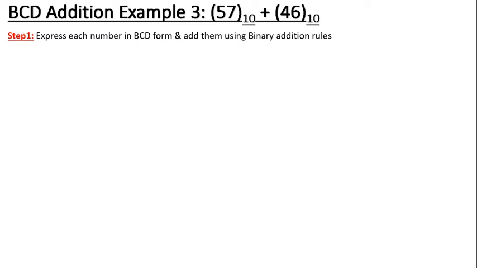Express each number in BCD form and add them using the binary addition rule. It is quite similar to earlier examples. Here is the first number 57 expressed in BCD form, and the second number 46 expressed in BCD form. Then we perform their addition using binary addition rules.